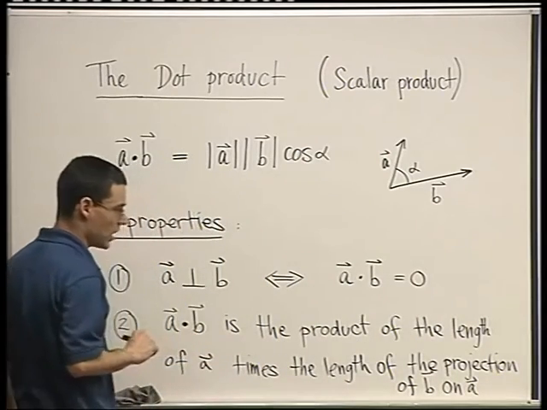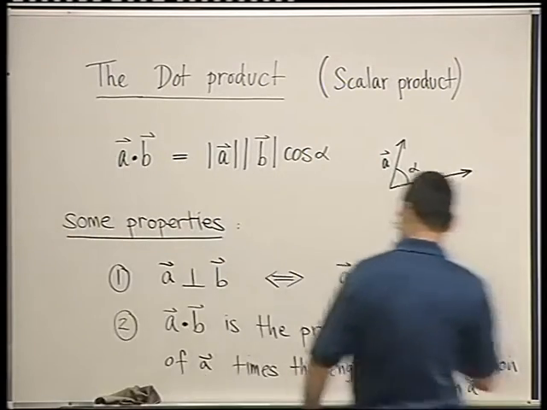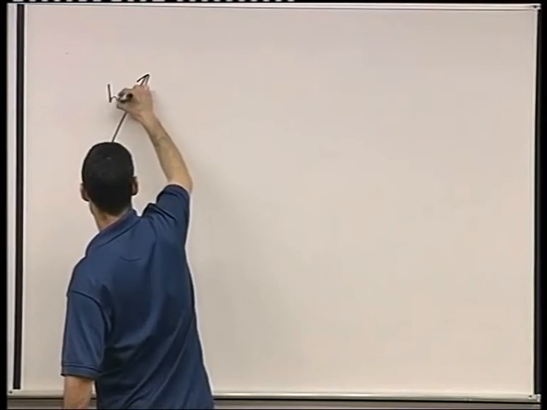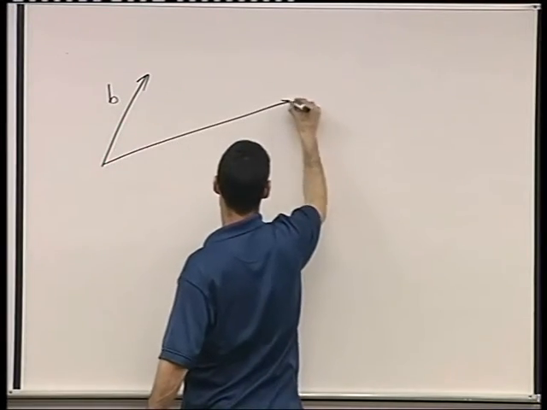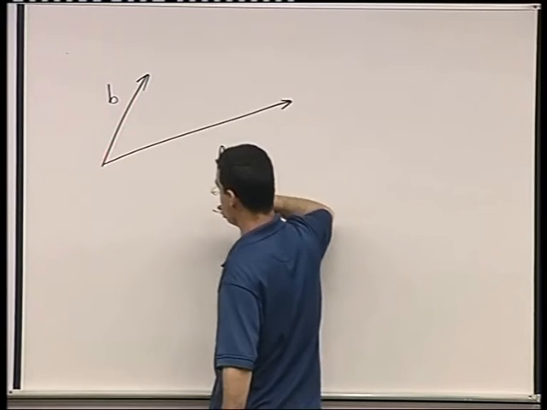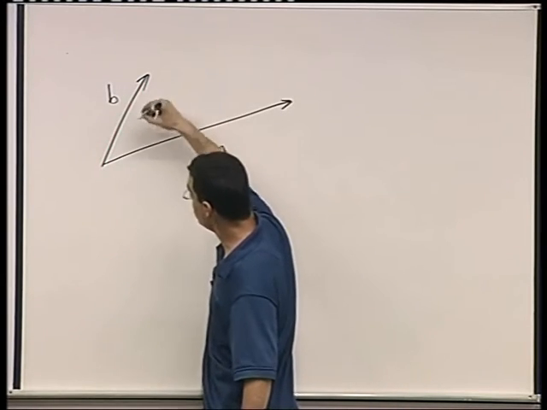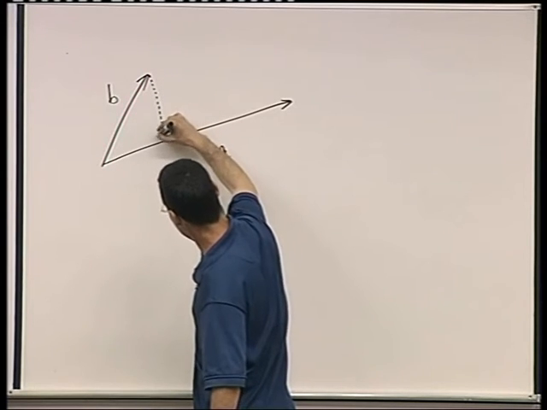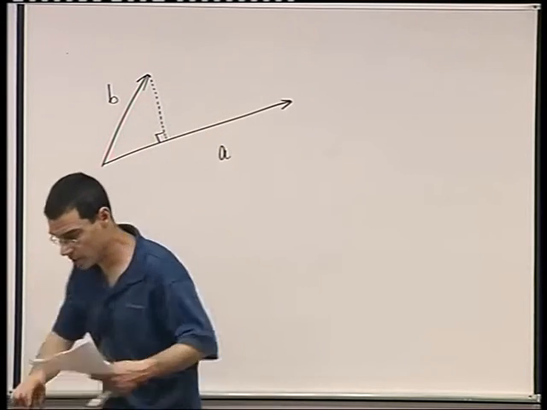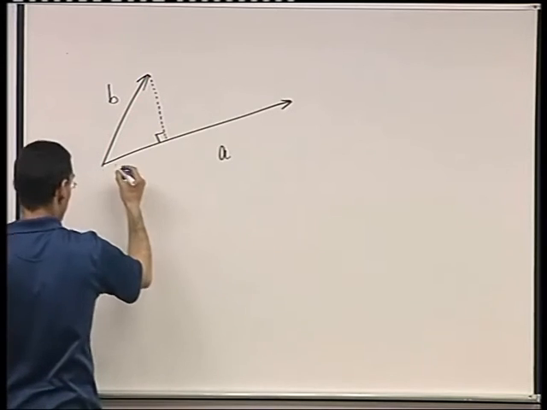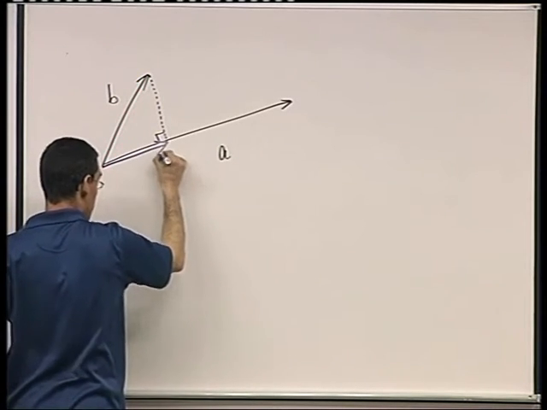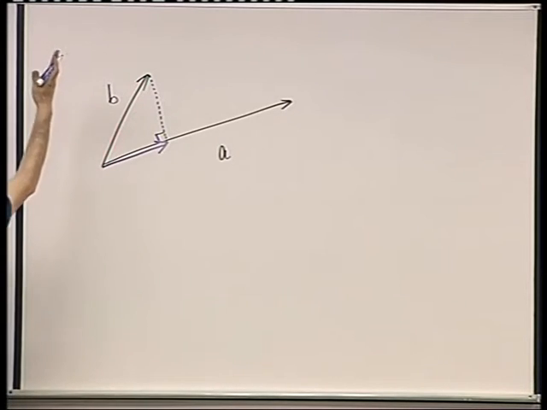So what's the projection of B on A, and why is this statement true? Let's say this is B, and let's say this is A. The projection of B on A is: take a 90 degrees angle here, and this thing in purple, this vector here, is called the projection of B on A. Is that clear?